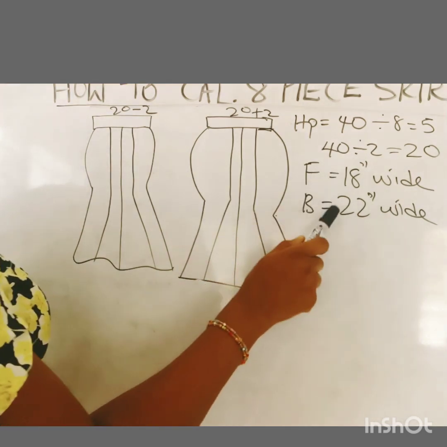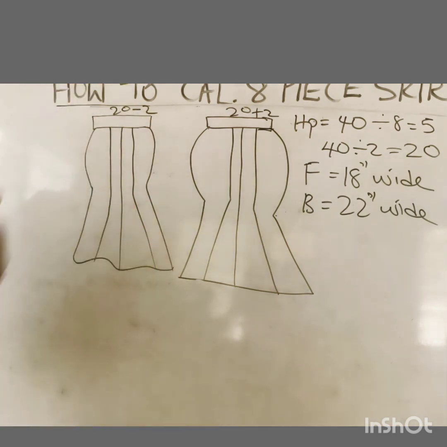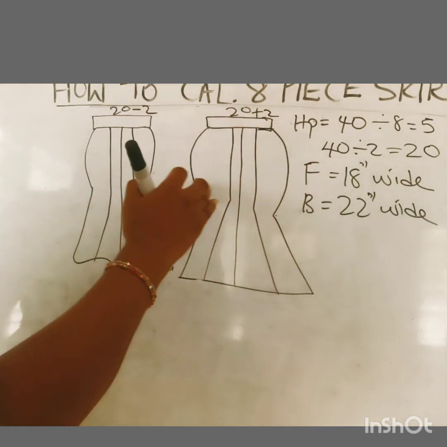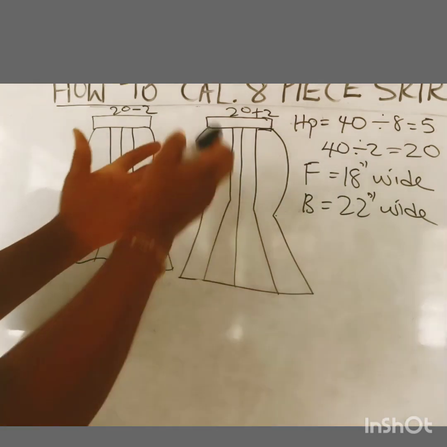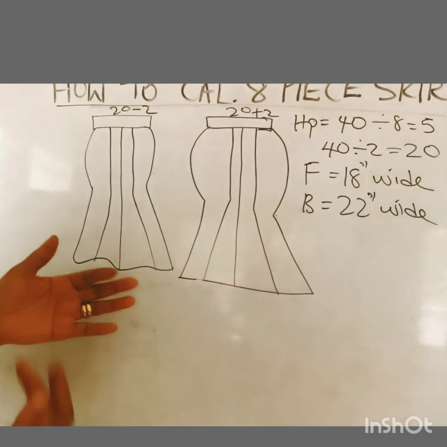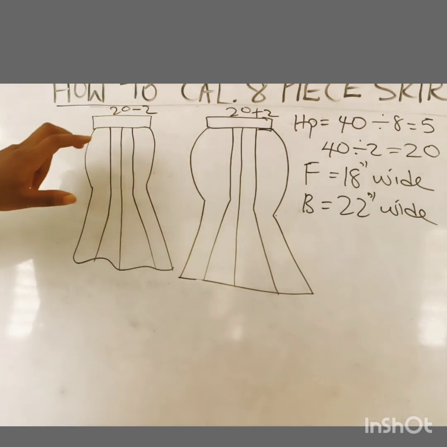Okay, so if you now have it like this, how do you now cut your fabric? All the explanation we have done before, just have that in mind. If you want all the panels to be the same, you can simply divide this by 4 and just share it. Or if you don't want them to be the same, like the way I explained before, you just reduce the middle and increase the side.